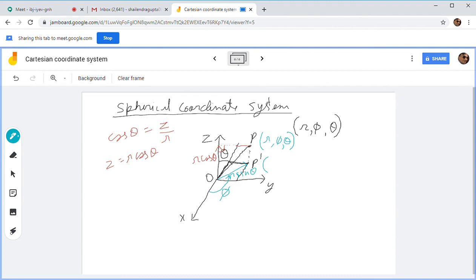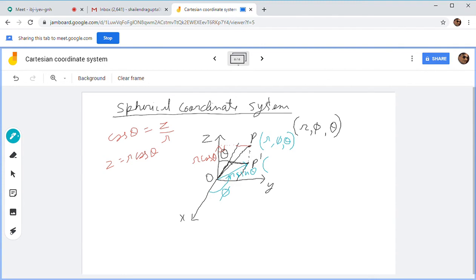So the reflection of your OP onto OP dash will give you R sin theta, and whatever angle this R sin theta makes with the x axis will be your phi. So this is how you can define your R, phi and theta in spherical coordinates.